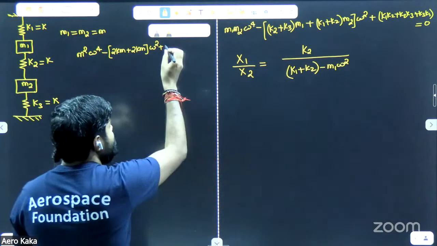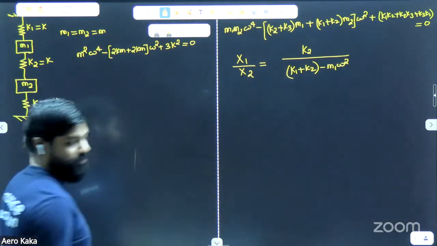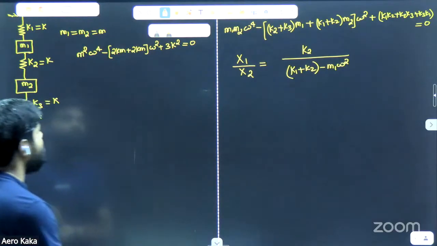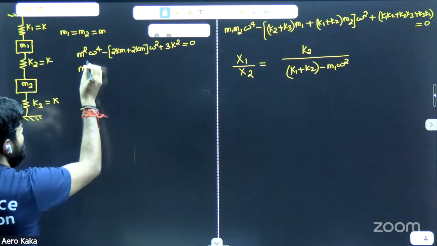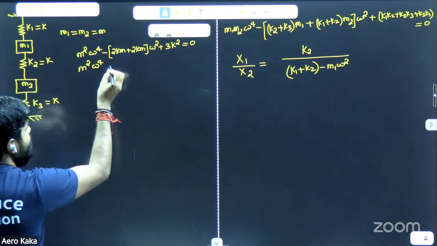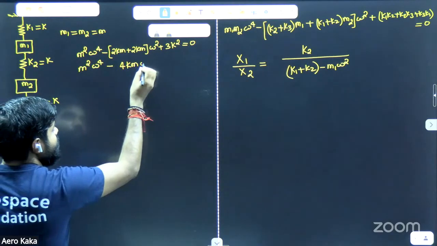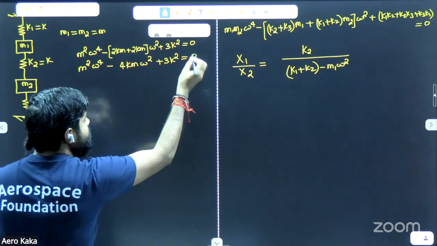It means this is going to be 3k square is equal to 0. Done. Solving this further, it is m square omega raised to power 4 minus how much? 4km omega square plus 3k square is equal to 0.